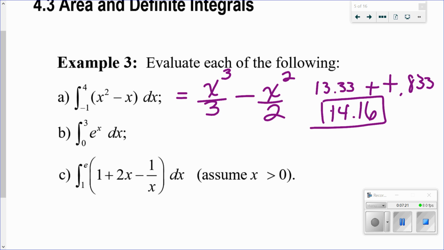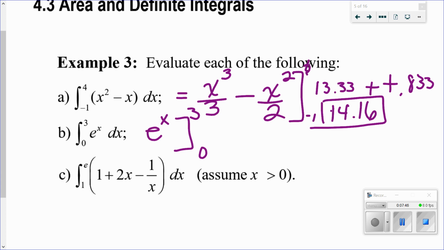Okay, on B, antiderivative of e to the x. Well, to get the antiderivative, write it exactly as it appears. Divide by the derivative of the exponent. The derivative of the exponent is going to be 1. Okay, and then we are going to evaluate this at 0 and at 3, meaning I'm just going to plug it into my calculator.